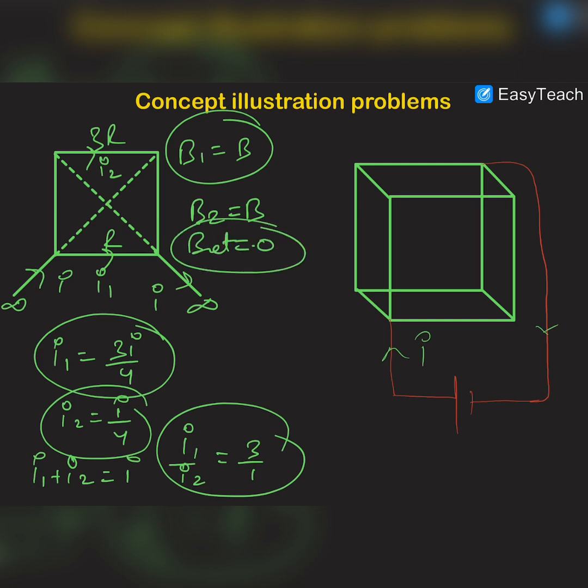So what I'm trying to say is that if the current is dividing on itself in the ratio of resistance, then the net magnetic field at the geometrical center of the figure will definitely be 0. In the same way, if we find the net magnetic field at the center of this cube, it would be 0 due to symmetrical current distribution.